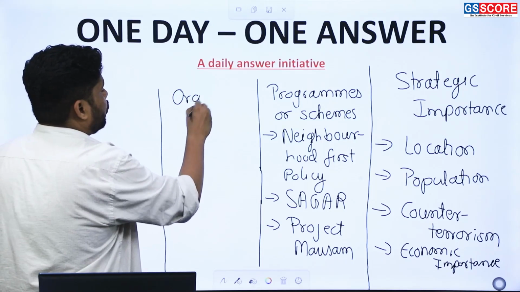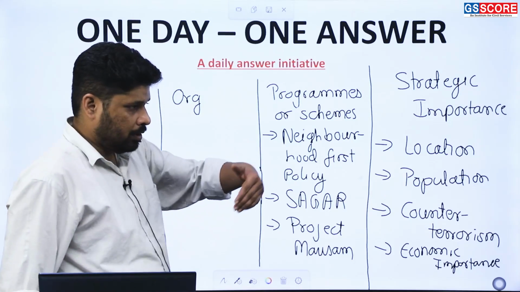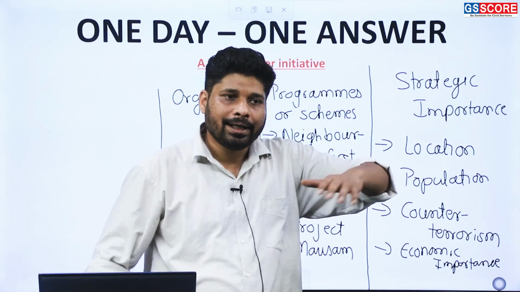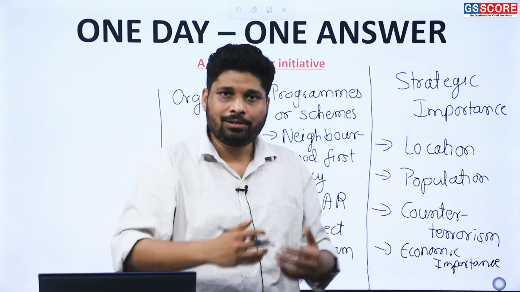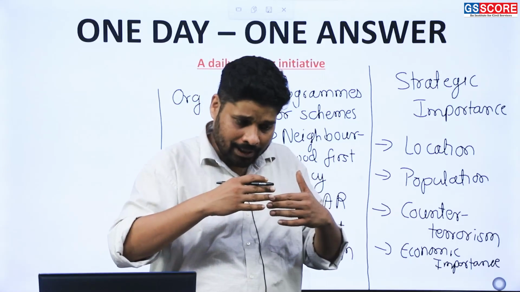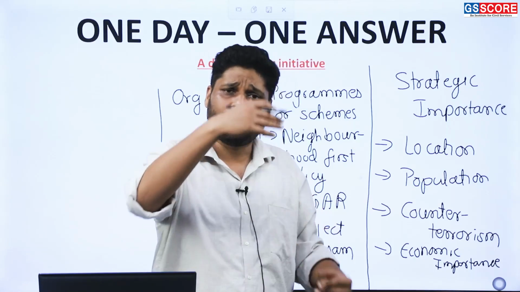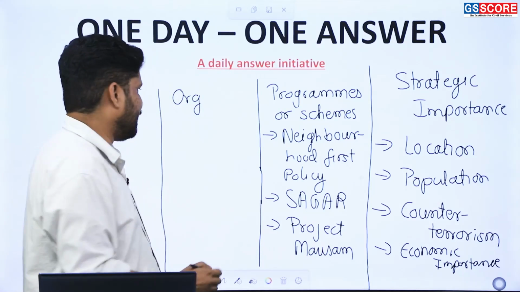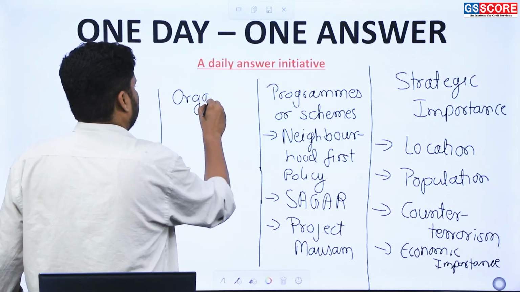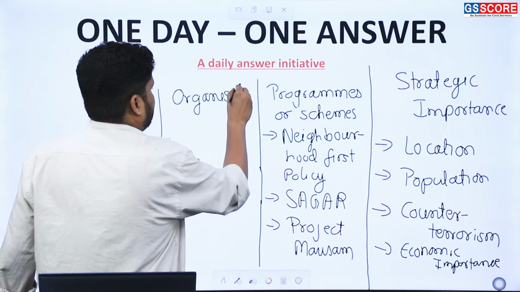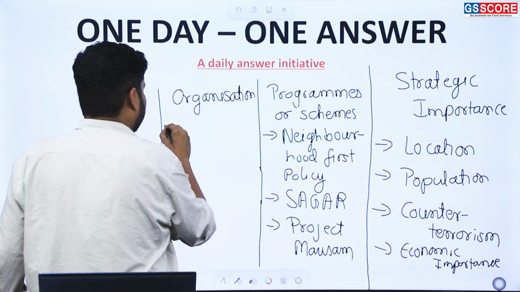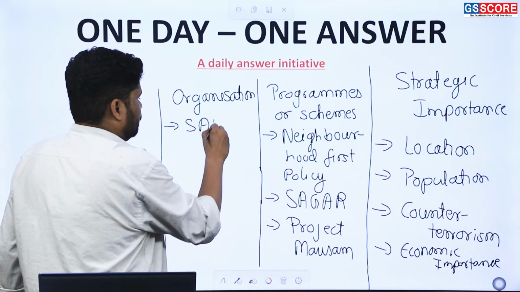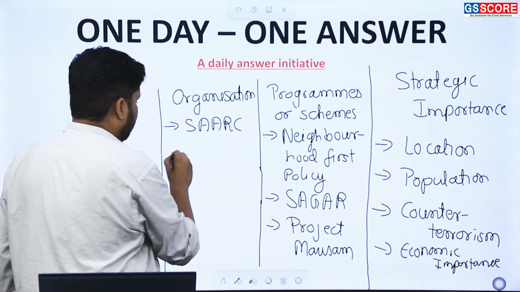When you talk about relations between India and its neighbors, there are platforms through which India and its neighbors meet and talk and convey business, bilaterally also, but also through some other organizations. So mention of those organizations becomes important. For example, SAARC or BIMSTEC.